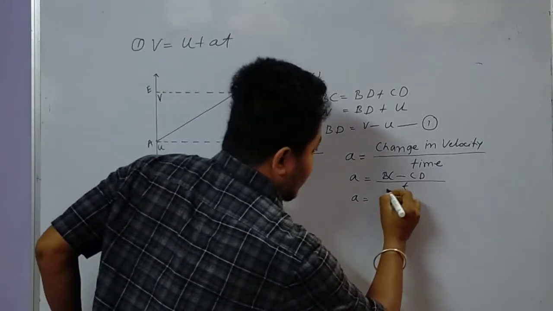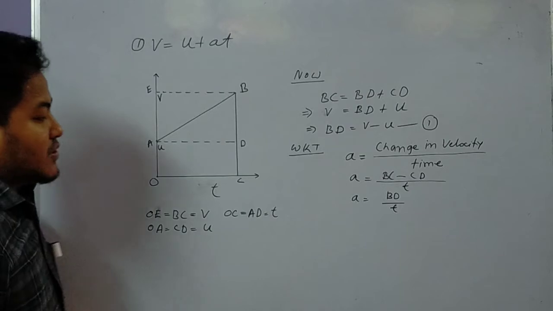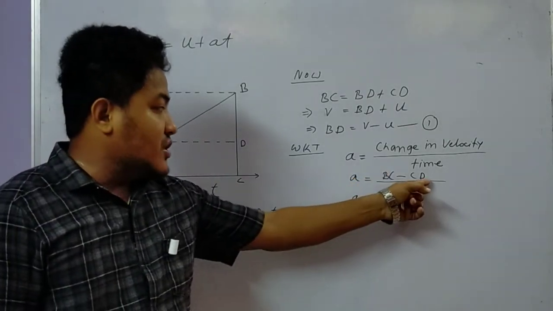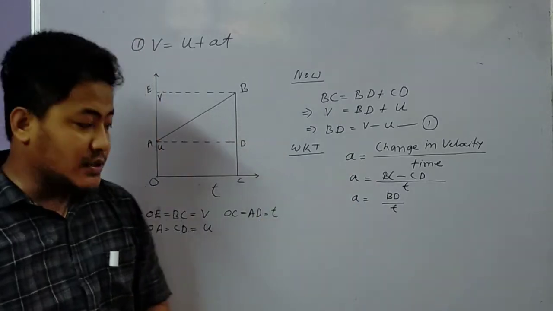So I can write BD by T. Understand? That means BC minus CD is equal to BD, and this is equal to T.